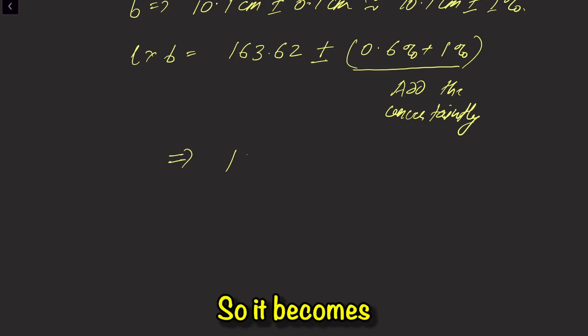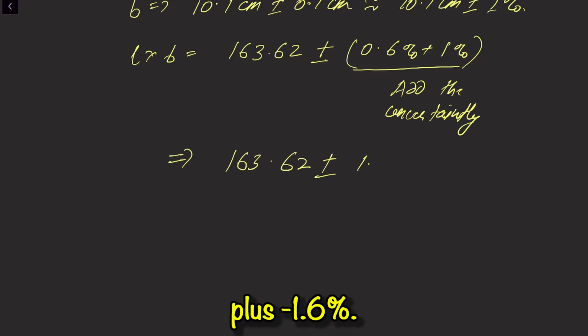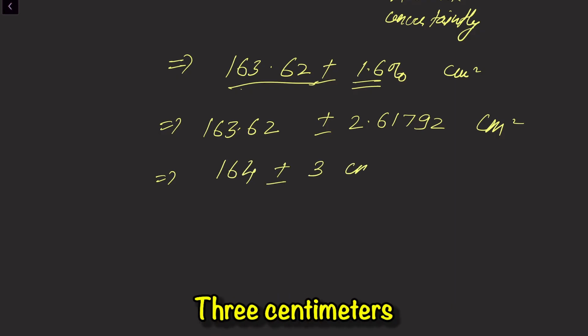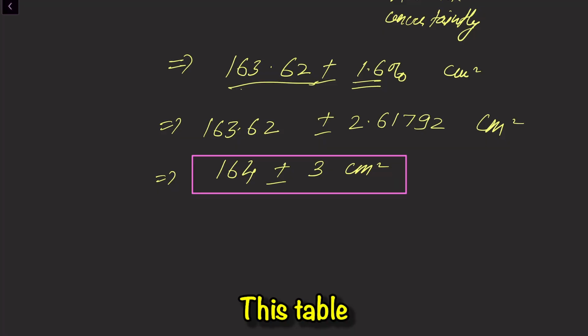So it becomes 163.62 plus minus 1.6%. Now calculate 1.6% of this total. Just apply the rules. So it will become 164 plus minus 3 centimeter square.